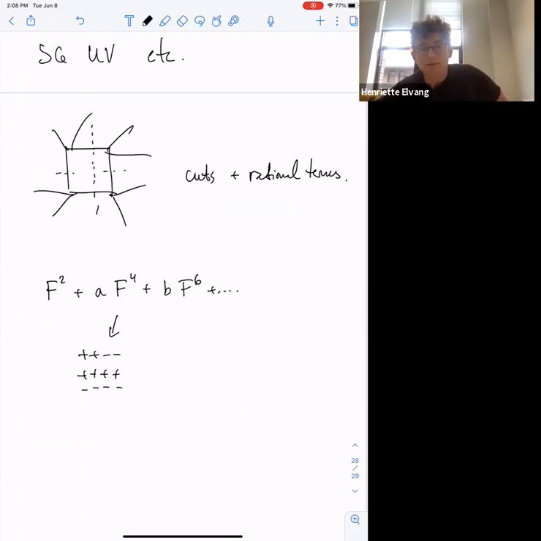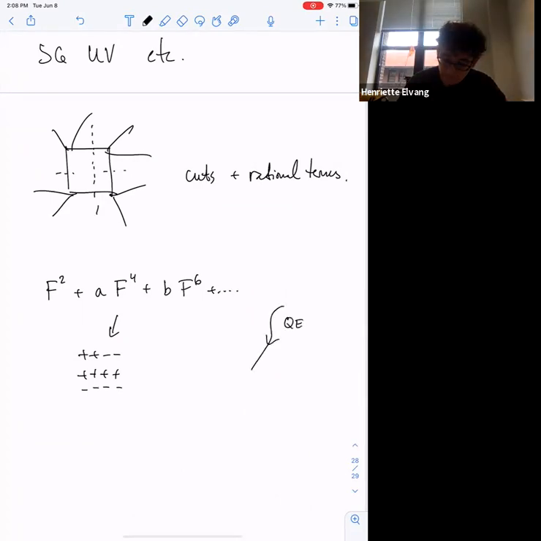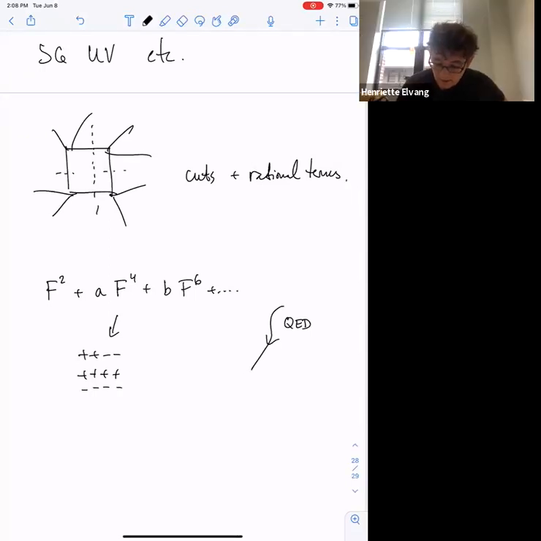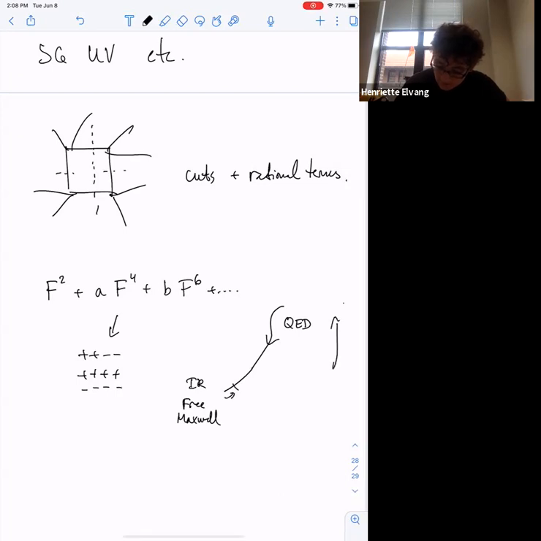So, for example, if I look at low energy QED, so I have QED, and I integrate out the electrons and positrons, then I end up in the low energy IR with just free Maxwell. But the effect of integrating out the massive electron positrons is that a little bit up the energy level of this RG flow is nonlinear electrodynamics with a coefficient of some A, which is determined by the mass of the electron, essentially, and some factors of pi and so on.